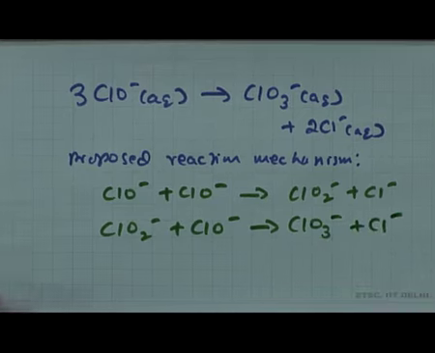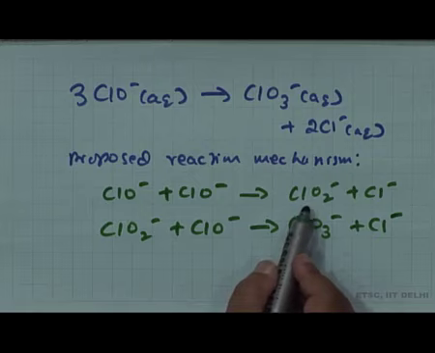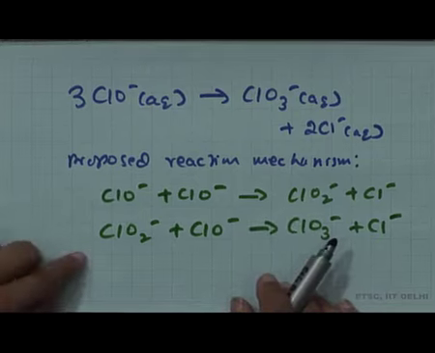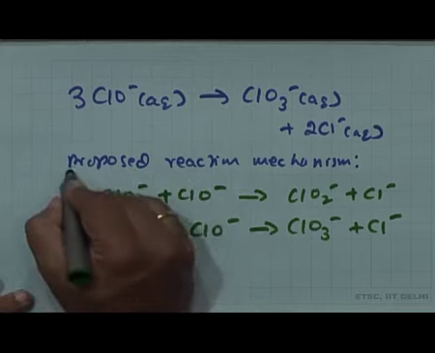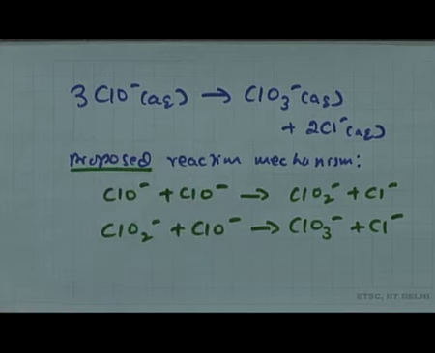Okay. Again you cross check, ClO2 minus is the intermediate. So if you add these 2 reactions, you should be getting back the balanced chemical equation, right. So this is the proposed reaction mechanism. This word is very important, this is the proposed reaction mechanism.